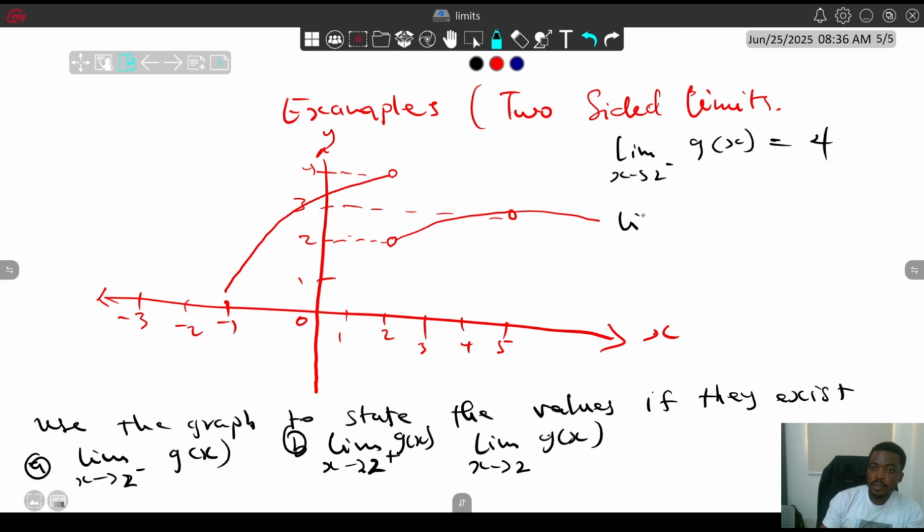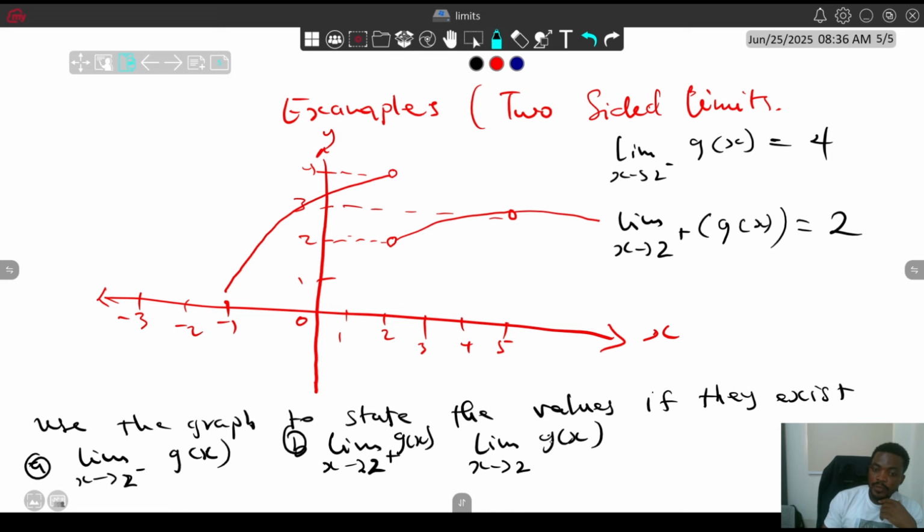Now the limit as x approaches 2 from the right. If we approach 2 from the right, we have this curve here. So from the right, the function actually approaches 2. So we say g of x is equal to 2.